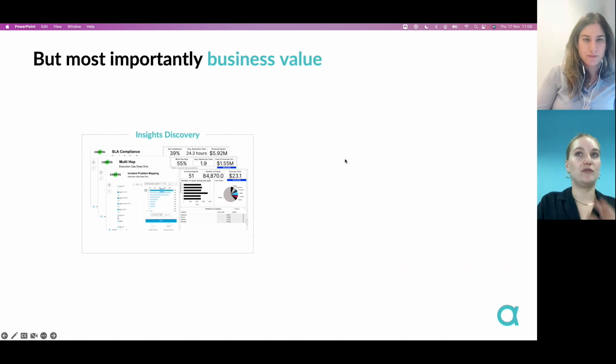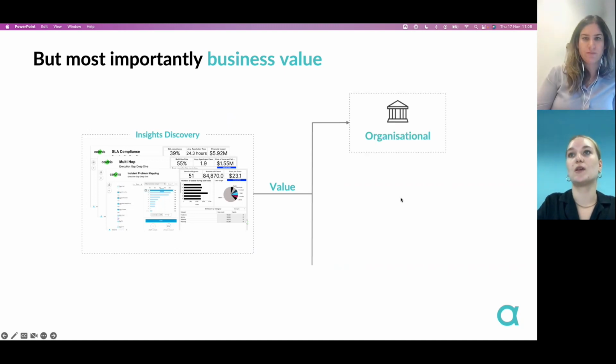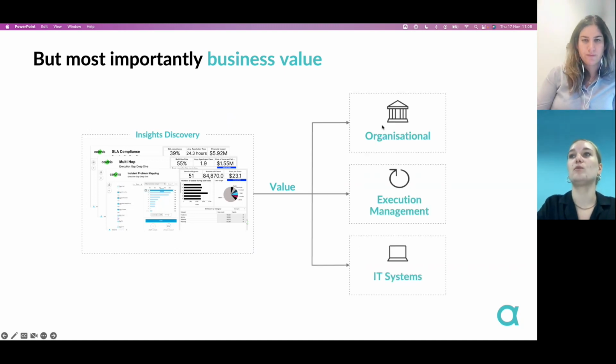So briefly about how we create business value with the implementation of process mining at Apolix. There are basically three different ways process mining creates value. First, organizational: with process mining, you can also see compliance deviations in your process. This could bring about organizational change within your organization to make sure your employees are working according to the standards.